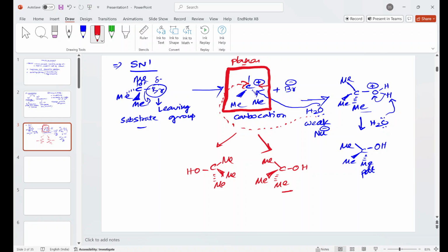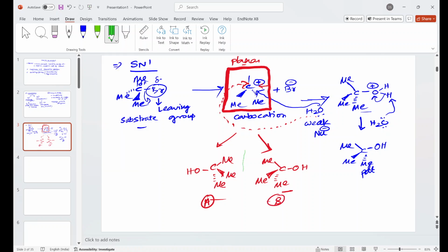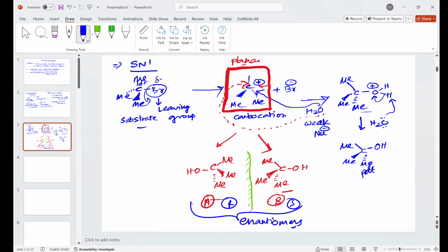So you can see the relation between these two, A and B. There is a mirror plane out there. So these are called enantiomers. If one is R, then another one is S.